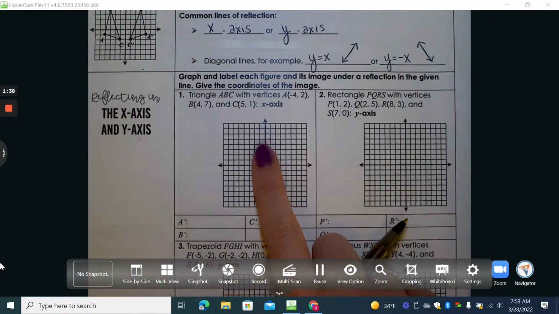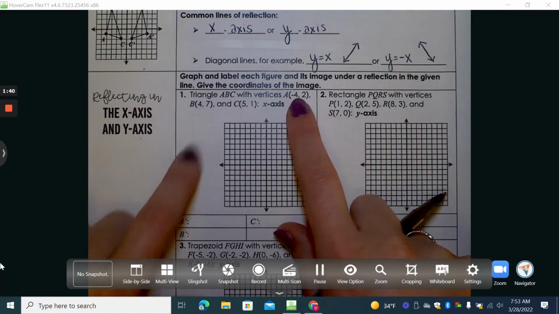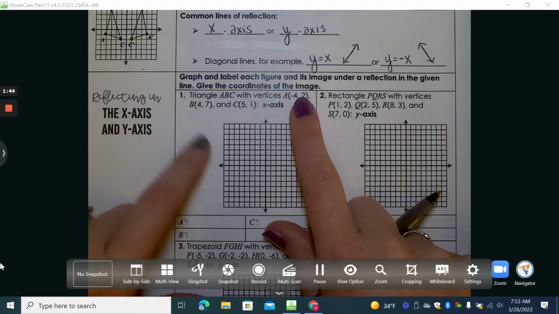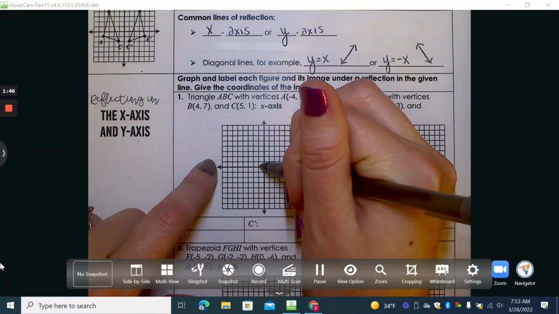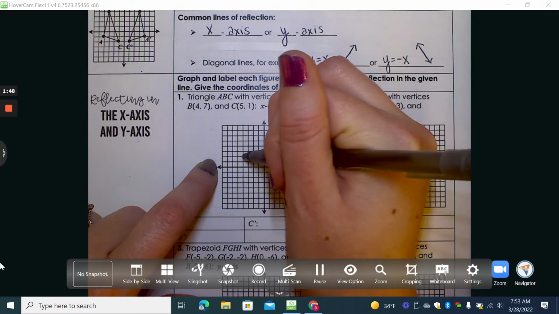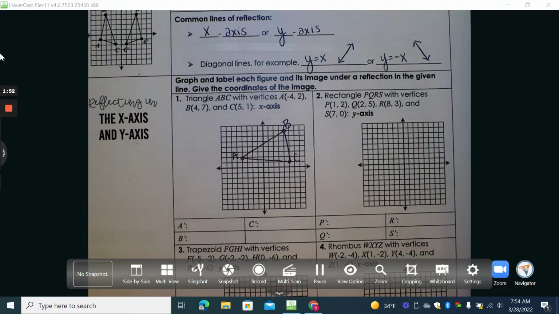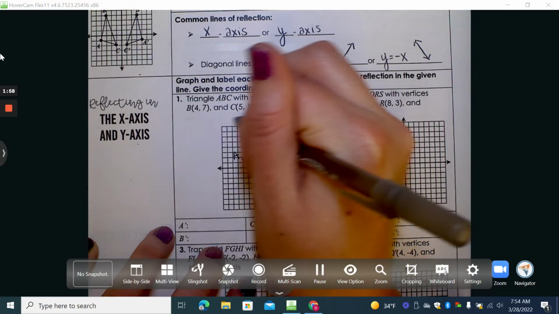What I want you to do before we even start is go ahead and copy down and draw triangle ABC. A is at -4, 2, so I'm going to count over 4 and up 2 and do that for B and C as well. So there is my original image. What I'm going to do is flip it over the x-axis.